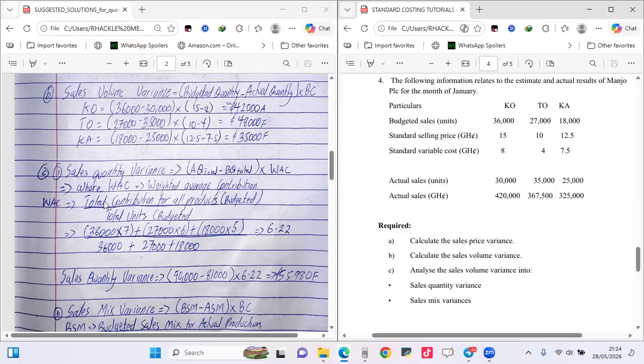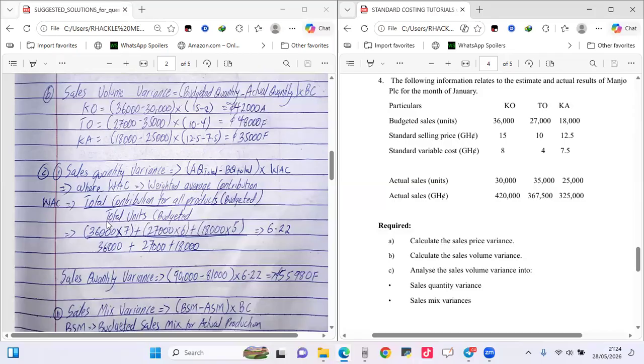The weighted average contribution is the total contribution for all the budgeted sales divided by the total units for the budgeted.